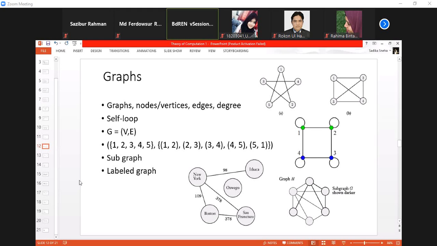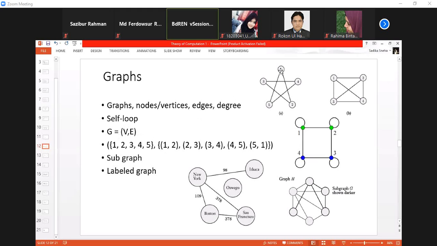A graph G is represented as a set of its vertices and the set of edges in that graph. If we consider this example graph, 1, 2, 3, 4, 5 are the vertices of the graph, V, and E represents the edges.